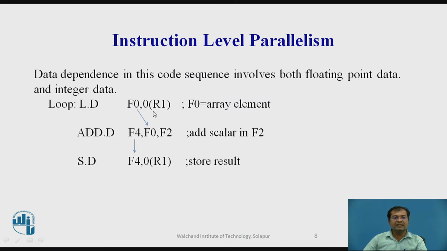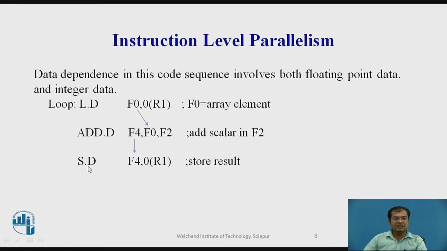Now we'll see the dependency. Say the second instruction is waiting to get the result from the first instruction, which is going to be stored in F0. So it is depending on this. Until the result is available, it can't go ahead for further addition. So dependency is there.